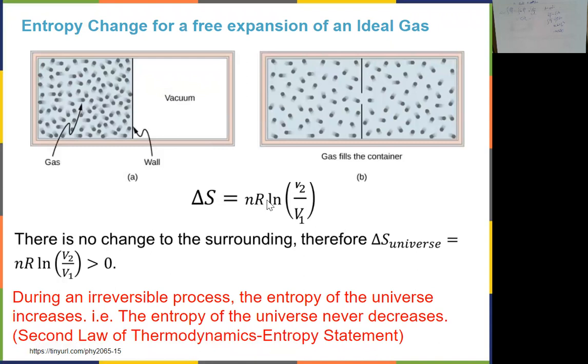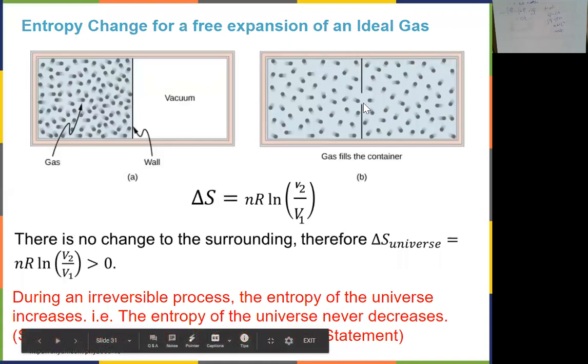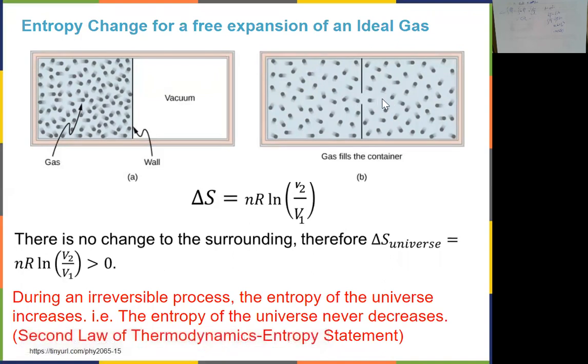So delta S will be equal to this guy, which will be greater than 0. The total entropy change is just for the gas expanding to this side of vacuum, if this is well insulated, so it's equal to 0 for the surroundings. You can see this is not a reversible process: after this expansion happens, the gas will not go back to the left chamber without doing any work. So delta S will be greater than 0.